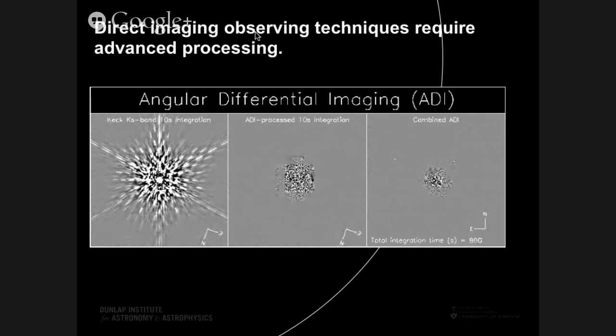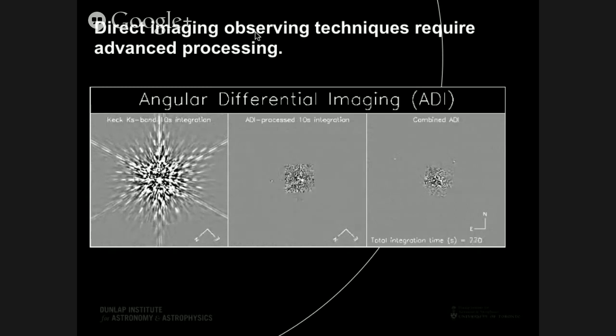This is a little animation demonstrating how we take our data and what the data looks like. This is the kind of information we're working with when we take raw data. What dominates in terms of noise is the scattered starlight, which we also call speckles. All these little blobs completely wipe out any planet signal if you just took an image, because they're all about the same brightness. In differential imaging, one of these acronyms, you turn off the counter rotation of your telescope.